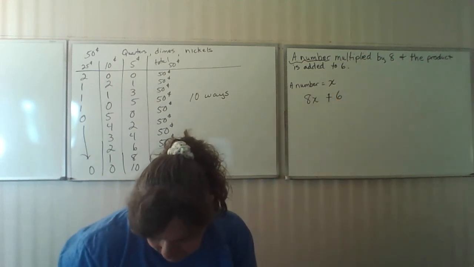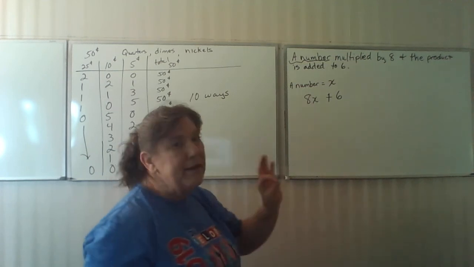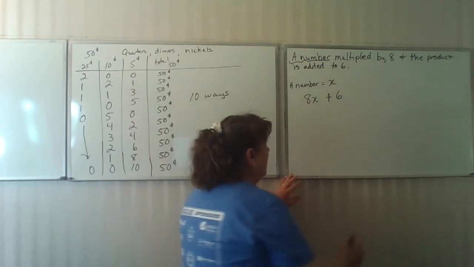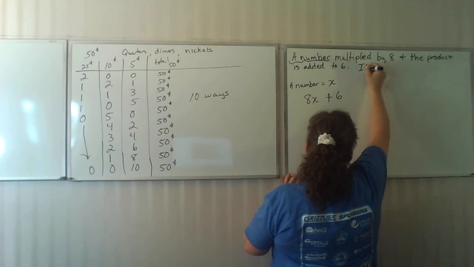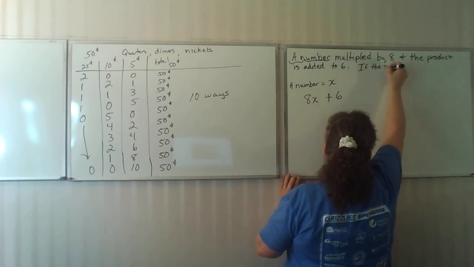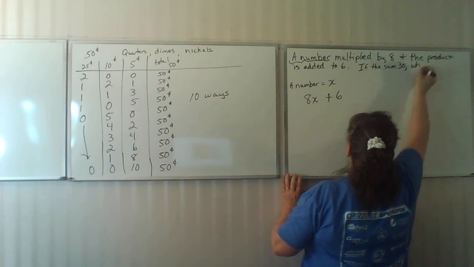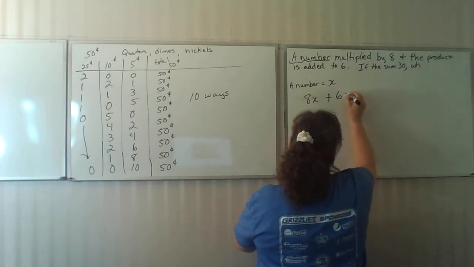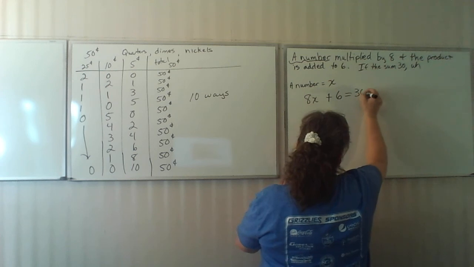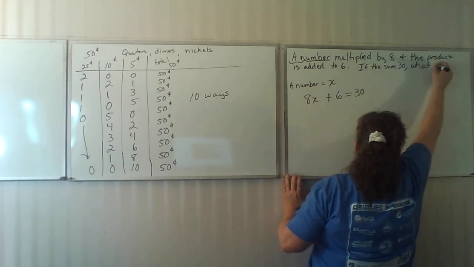Okay? And then it says, if the sum is 30, what is the number? Okay, so if the sum is 30, that means equals 30. What is the number?